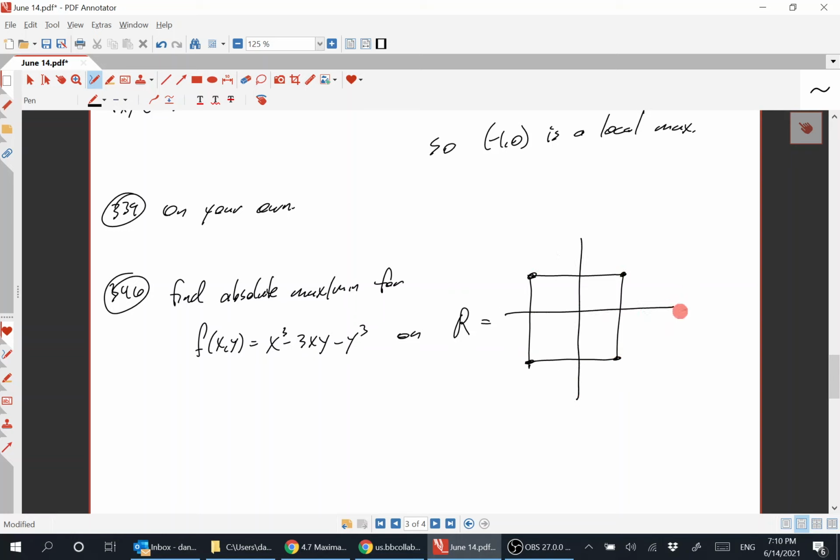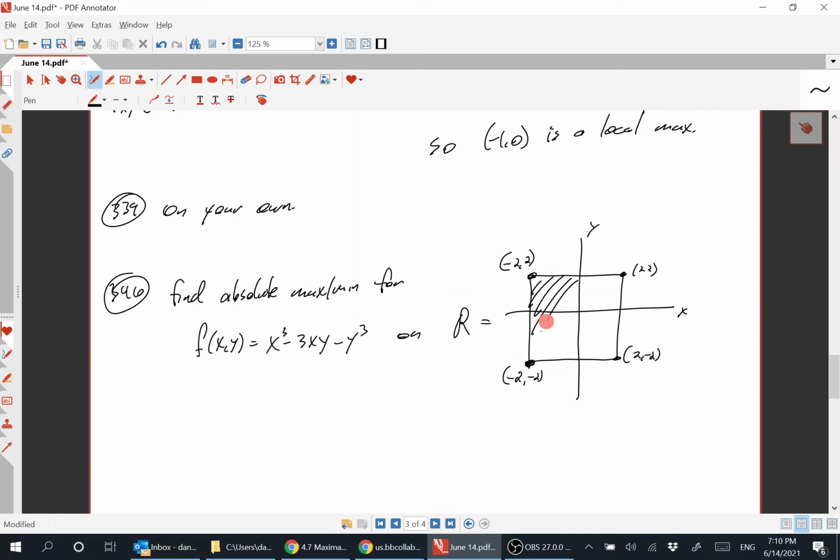Right, so that's the x-axis, y-axis, 2, 2, minus 2, 2, or 2, minus 2, minus 2, 2, and minus 2, minus 2.